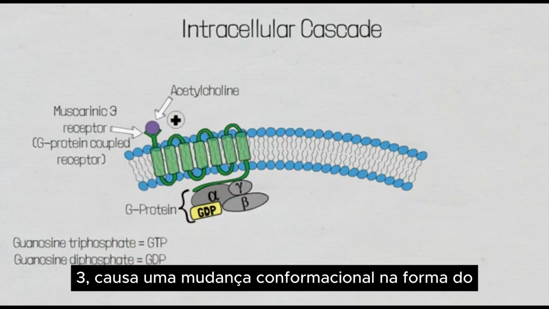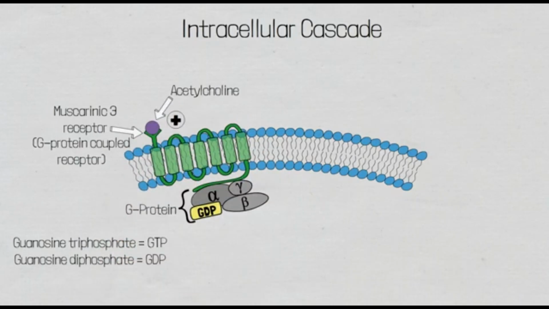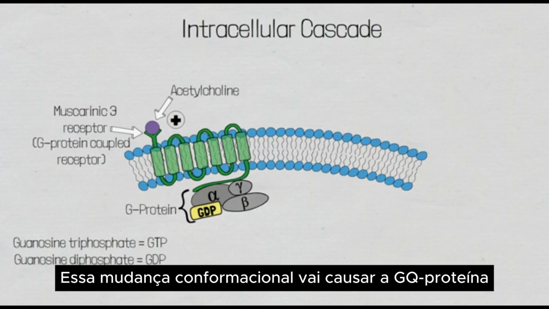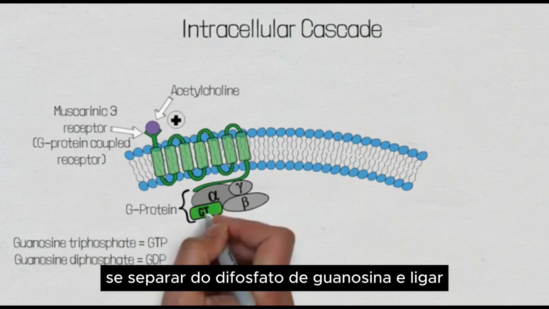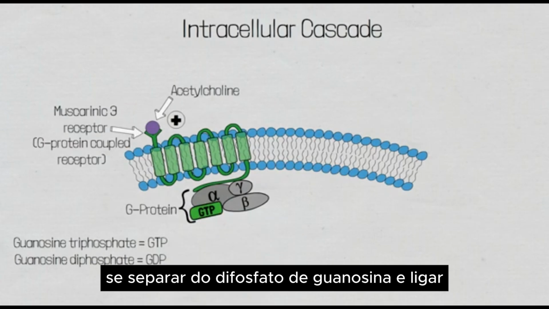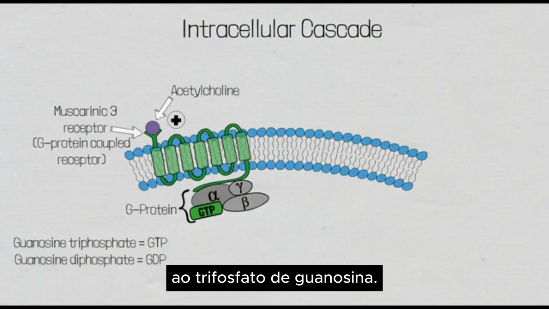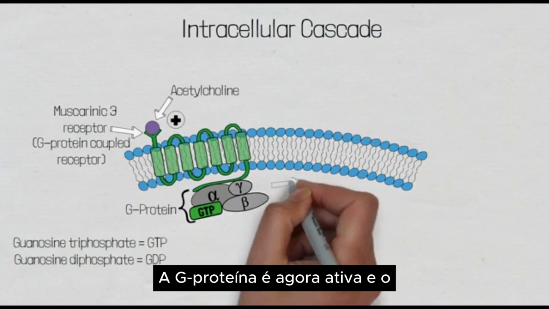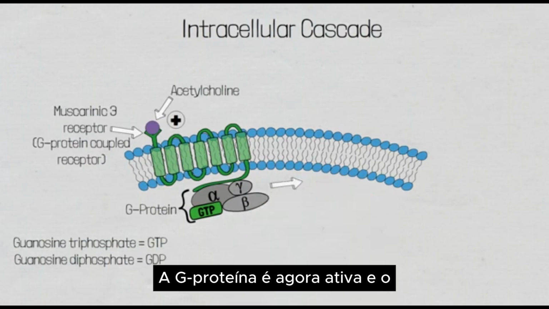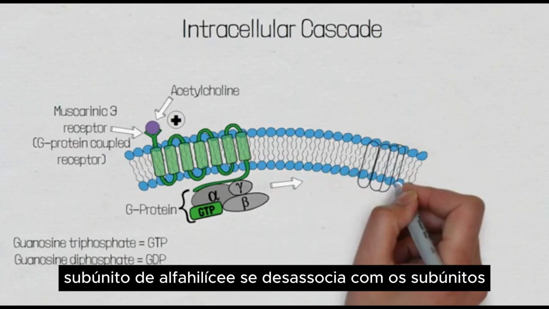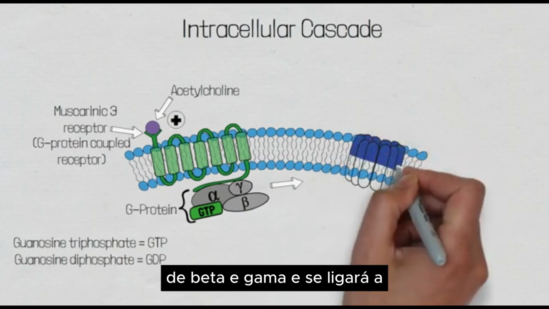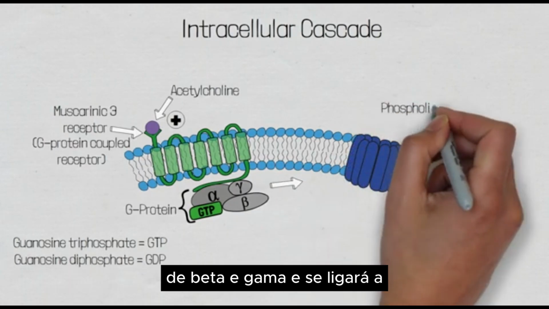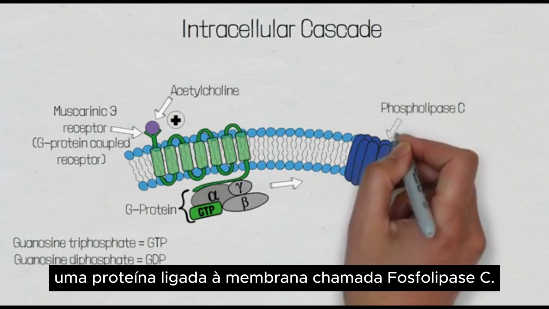This conformational change will cause the GQ protein to detach from the guanosine diphosphate and bind guanosine triphosphate. The G protein is now active, and the alpha subunit will now dissociate from the beta and gamma subunits and will bind to and activate a membrane-bound protein called phospholipase C.